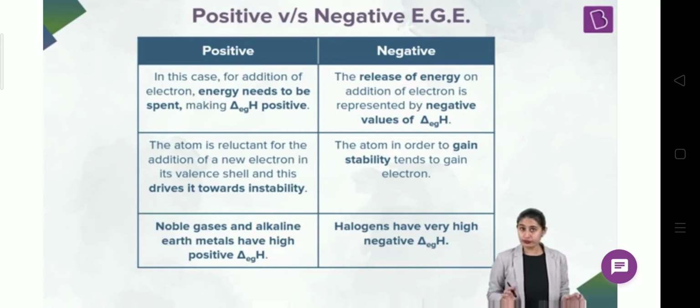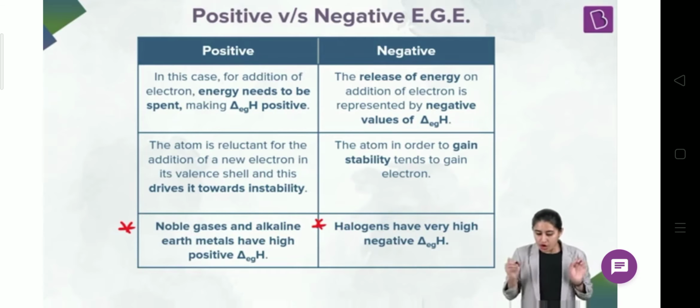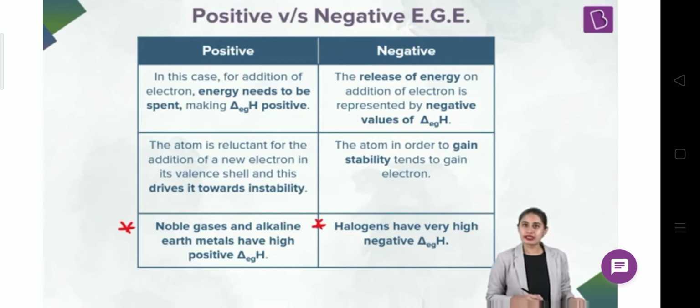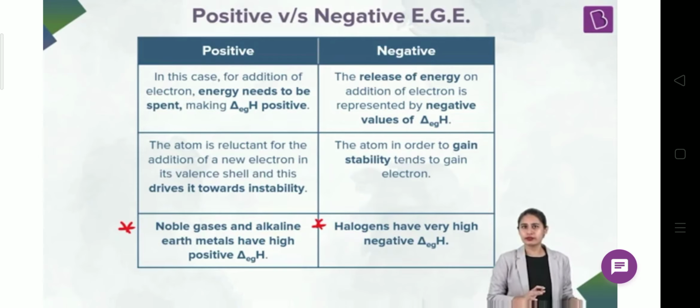Next is a very important point coming your way. Noble gases and alkaline earth metals have high positive electron gain enthalpy. Can you tell me why? Noble gases, they're like the old man. They're already full. They're satiated. They already have noble gas electronic configuration. The orbitals are already fully occupied.